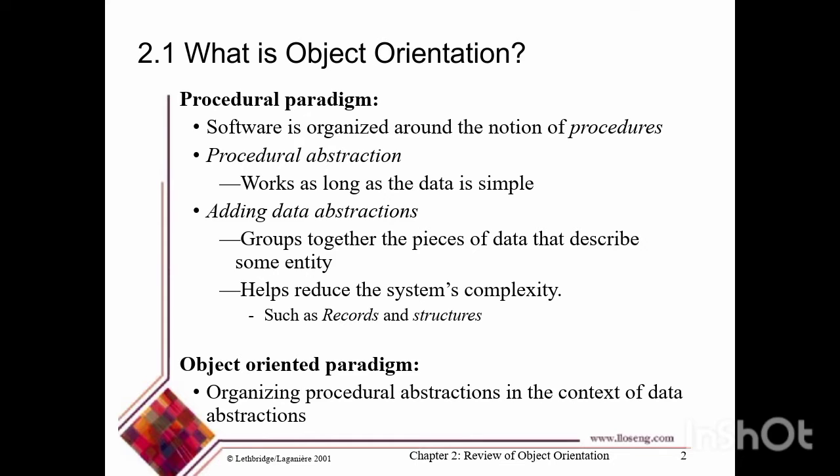Adding data abstractions, which group together the pieces of data that describe some entity, helps reduce the system's complexity, such as records and structures. So for the procedural paradigm, an example is C programming, and for the object oriented paradigm, we have the examples of Java and C++. Organizing procedural abstraction in the context of data abstractions.